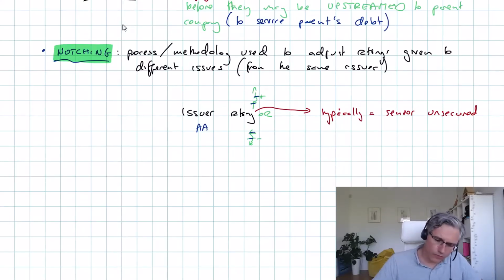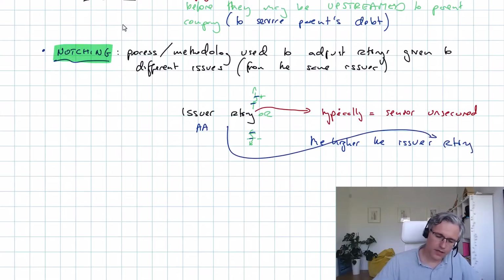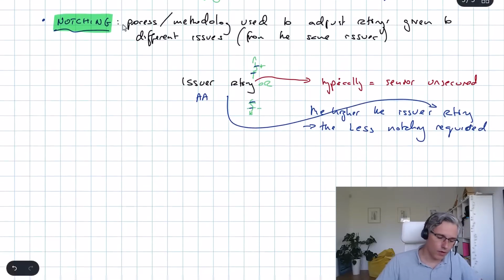So the higher the issuer rating is, the less notching required effectively, the less adjustment for specific issues required.